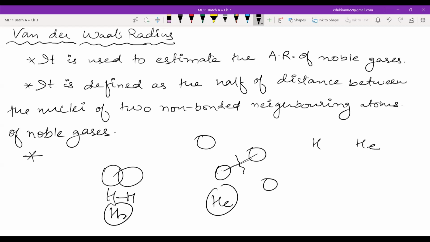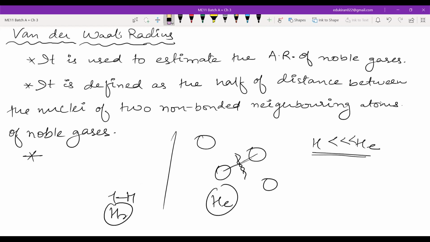Hydrogen is bonded and we take half here, while helium atoms are non-bonded and far apart. Helium will be very high.